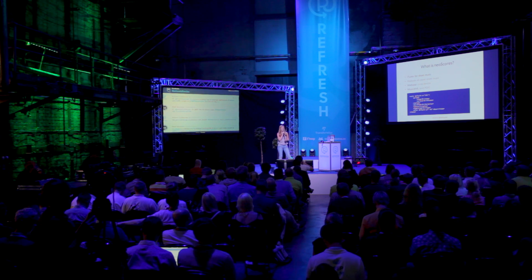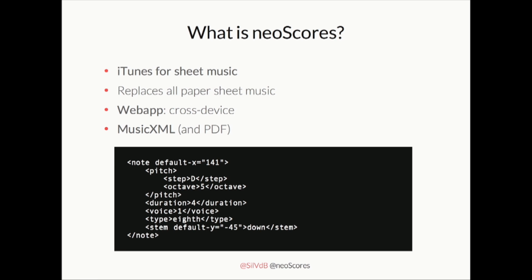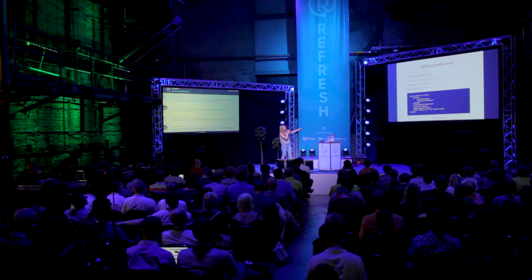I can already hear a lot of you think, aren't there a lot of other apps that do digital sheet music? Well, that is true. There are other competitors, but what makes neoScores a little bit special is that we use another format. We use the MusicXML format, and MusicXML is, like the name says, an XML format created to describe music. You can see a little example of MusicXML.